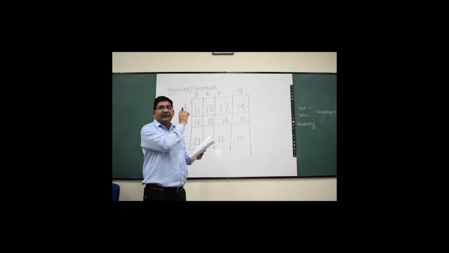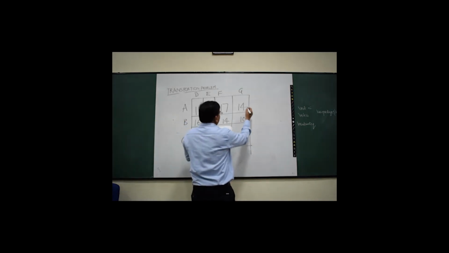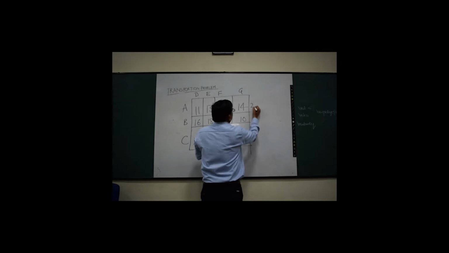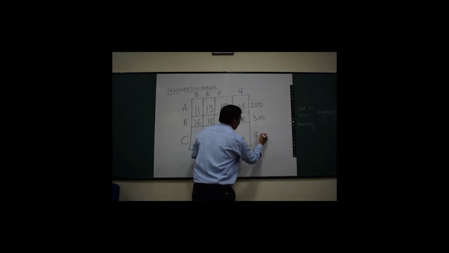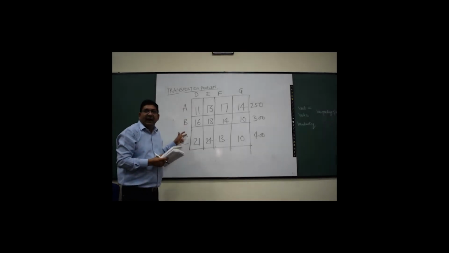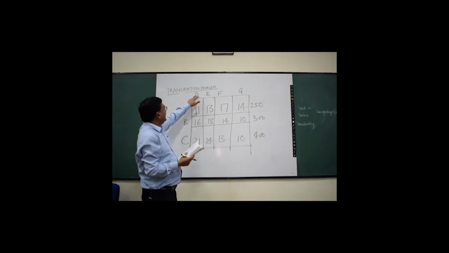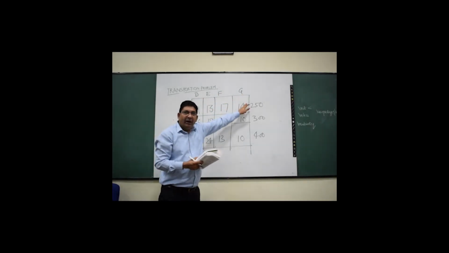Suppose I want to find the initial basic feasible solution of this transportation problem where the availabilities at the three sources are 250, 300 and 400. A, B and C are my sources and my destinations are D, E, F, G. There are four destinations.